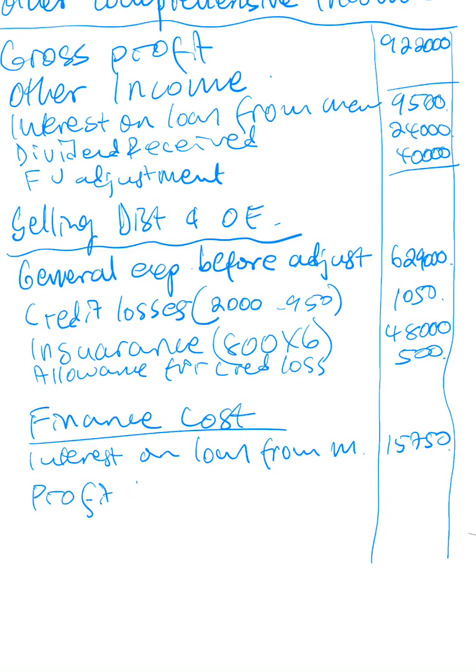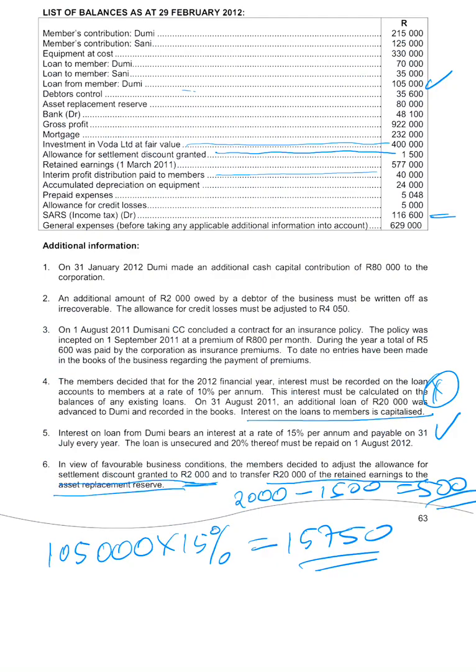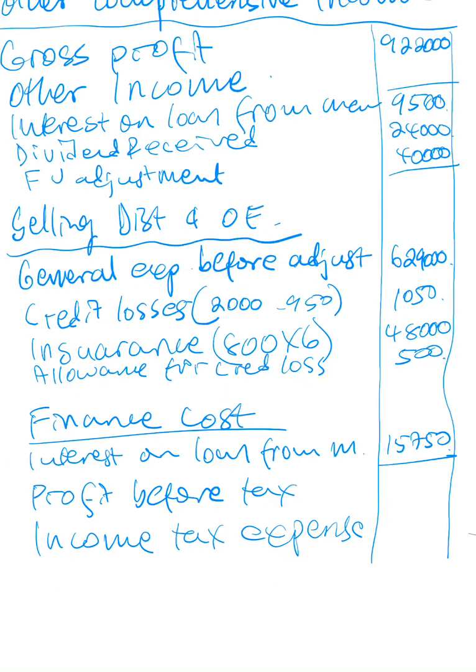We have our profit before tax, whatever amount that you get. Then you come and you state income tax expense. So the income tax expense on our trial balance is 116,600.